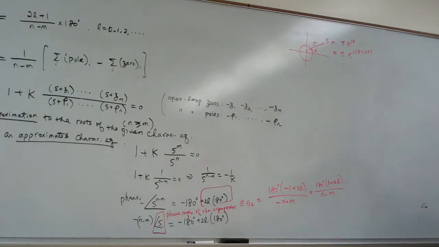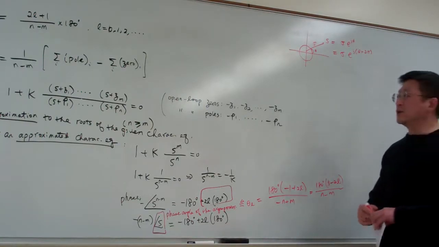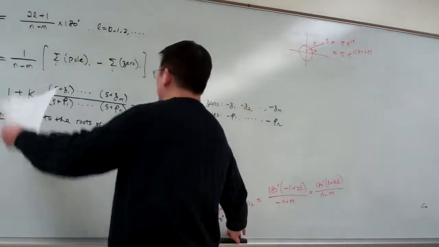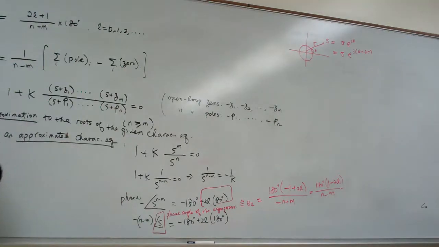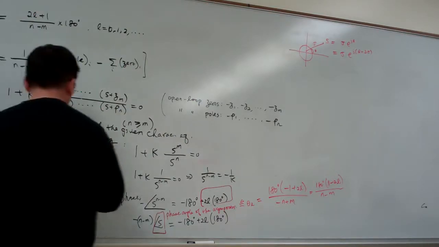And now I'm going to explain the approximation for the intersection. Again, for the intersection, we do the asymptotes and the approximation.